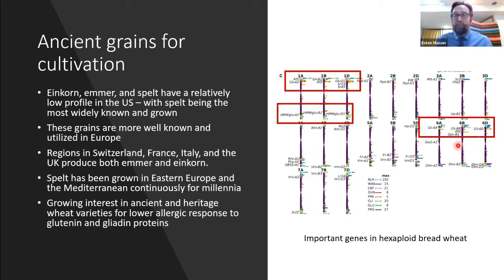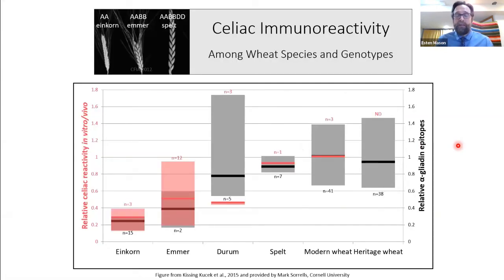for potentially lower gluten content. And so I borrowed this slide from my colleague at Cornell, Dr. Mark Sorrells, who's a wheat breeder there, and he's had an interest in ancient grains. This shows our ancestral species: einkorn, emmer, durum, spelt, as well as modern wheats, those developed after 1950, and heritage wheats, those developed before 1950.